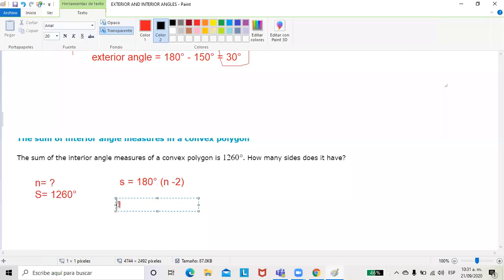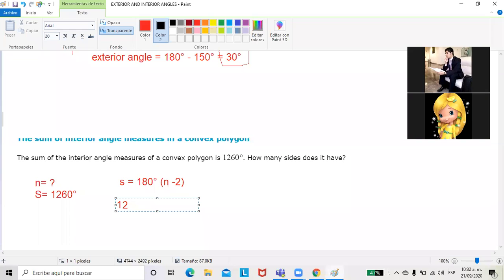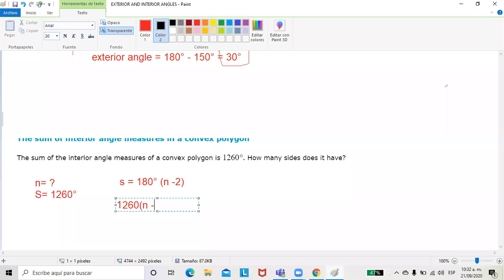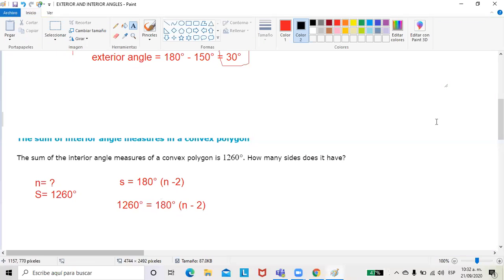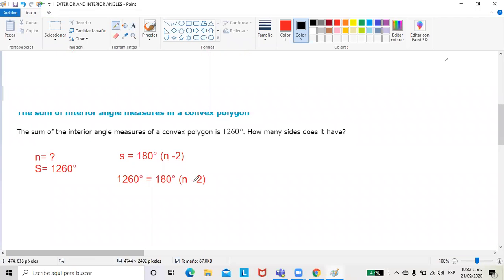So what we can do here is just replace. Here we have the equation, and we only have to solve it.